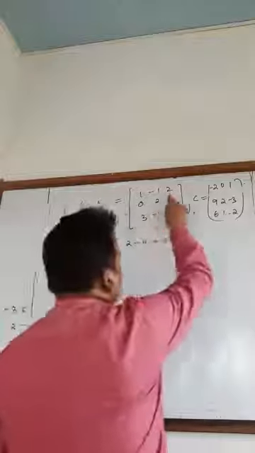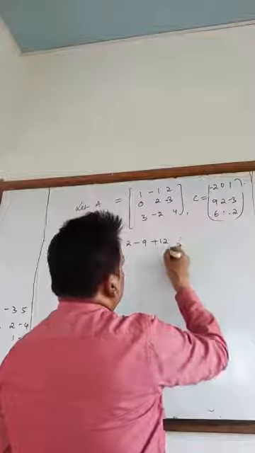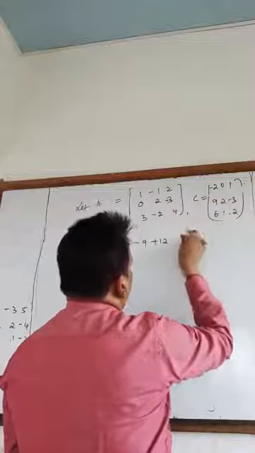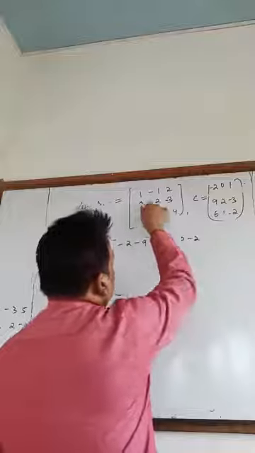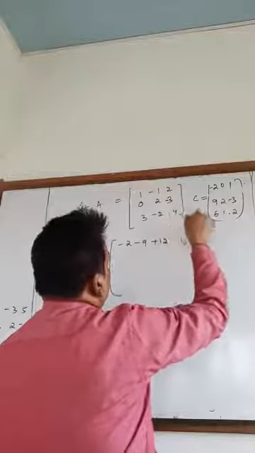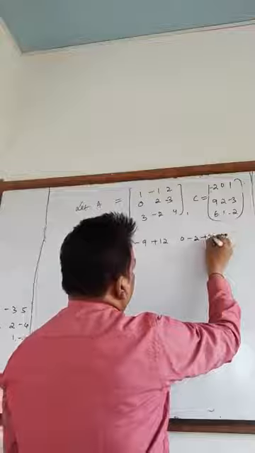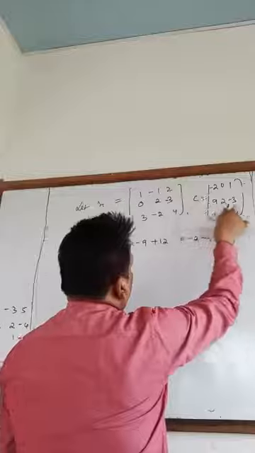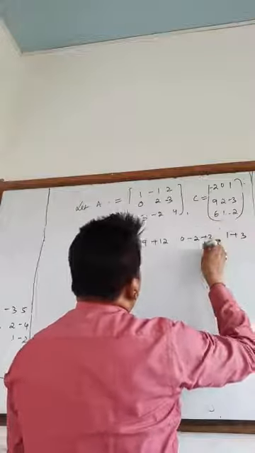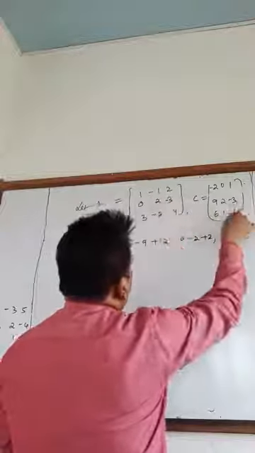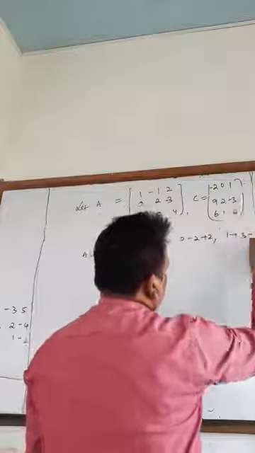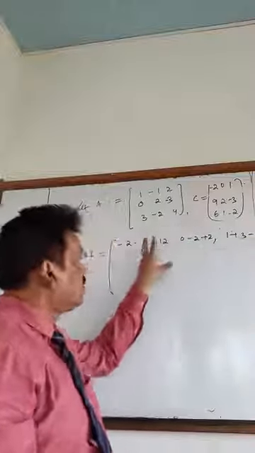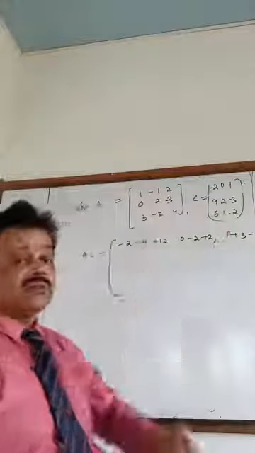This row, this column is 0, then minus 2, plus 2, then you are getting 1, minus will be plus 3, then minus 4. Look, your clue is that some number 0 0 should come. That means your multiplication is going correctly according to the question.